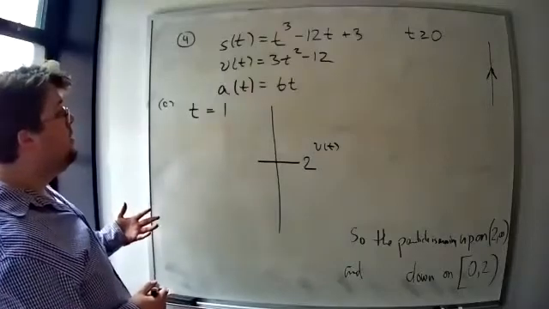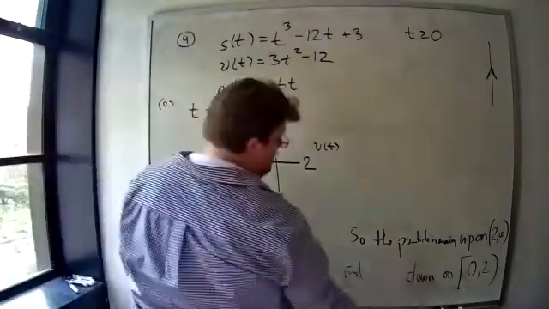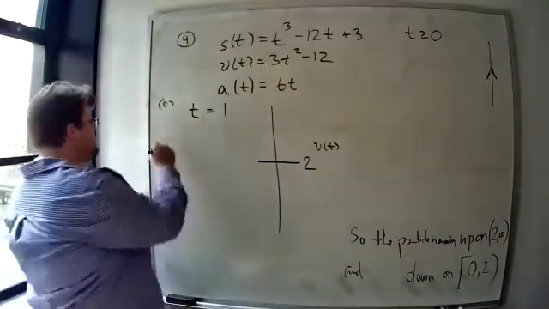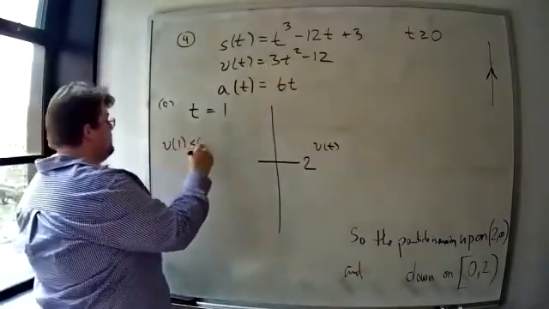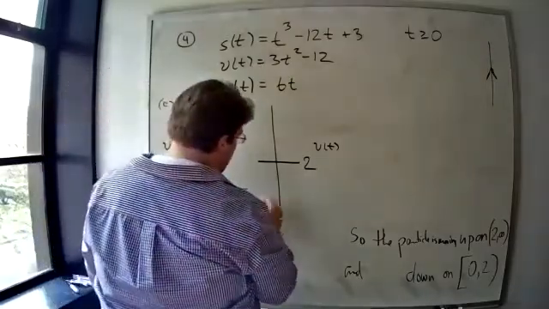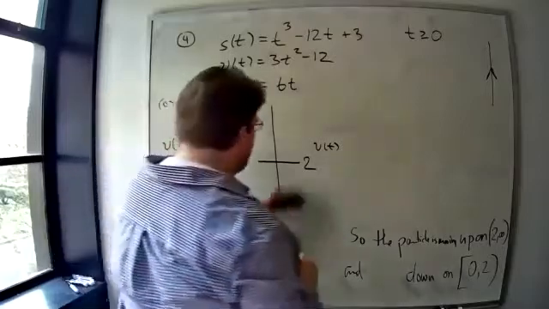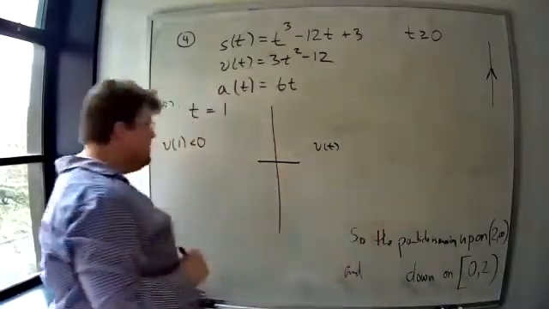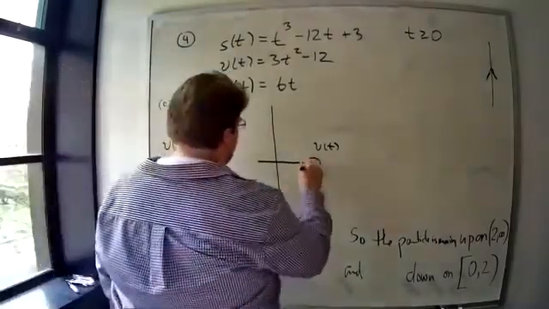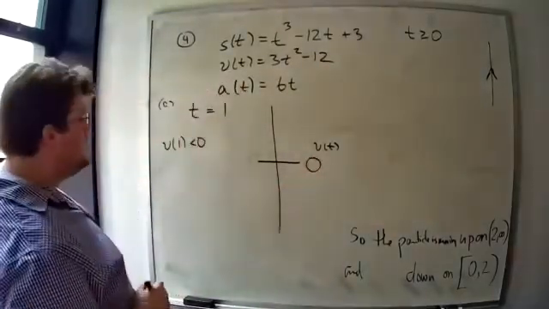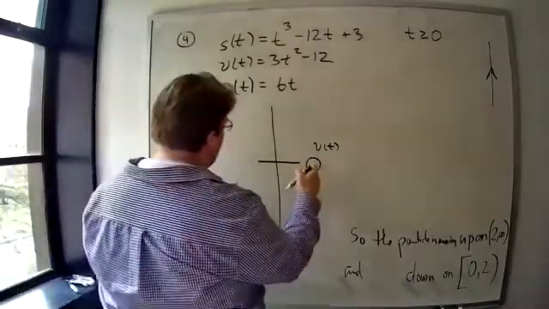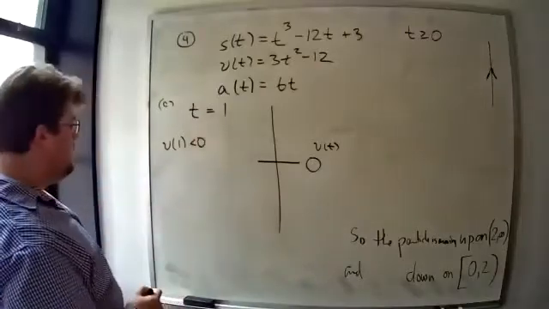At time 1, velocity is negative. Oh, I'm sorry, that was a mistake. It's time 2. We're looking at velocity. Sorry, this should be a 0. We're looking at where velocity is 0 at time 2.